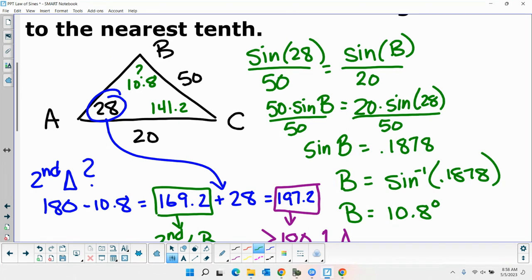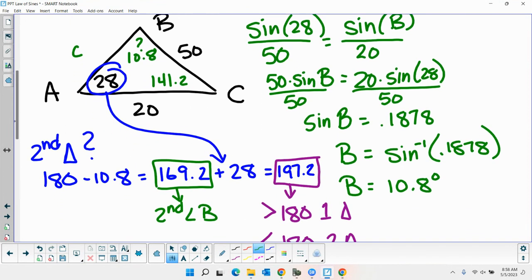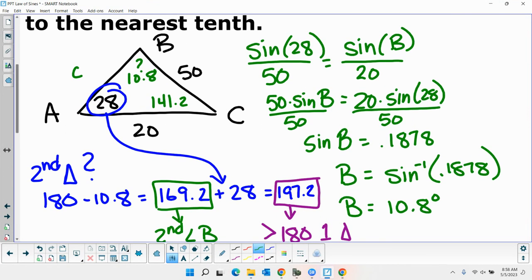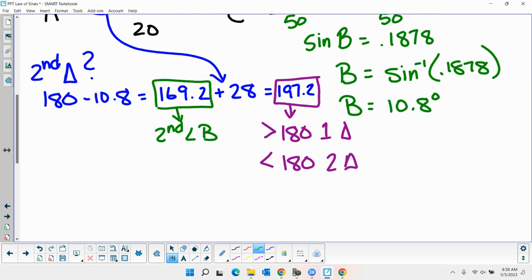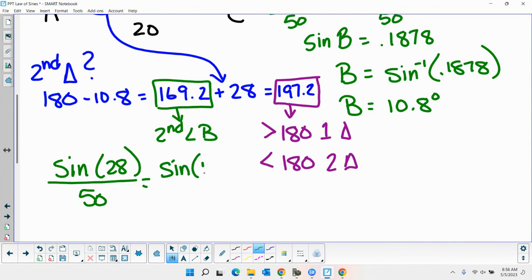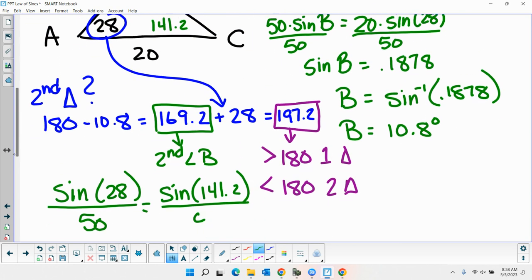I got the three angles, I got two of the sides, I need to find this side C, okay? So I go back to my law of sines, and I'm going to use the 50 and the 28 again, sine of 28 over 50. And then sine, what was it, 141.2 over C. Let me check, make sure I remember it. Yeah, 141.2.